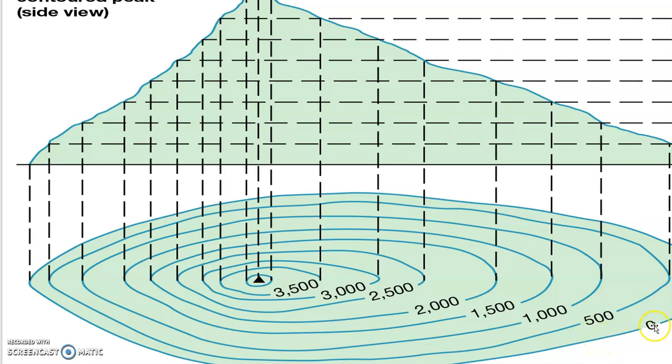These contour lines mean that anything along this line, for example, is at 0 meters. Anything along that line is at 500 meters above sea level. And we've spoken about these areas, and we did say our coastal plains are along here.